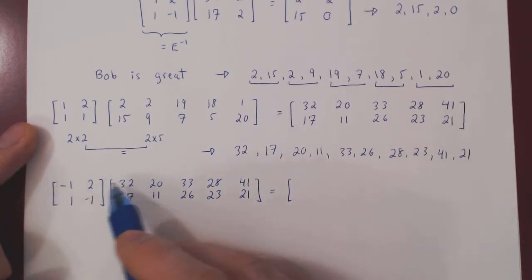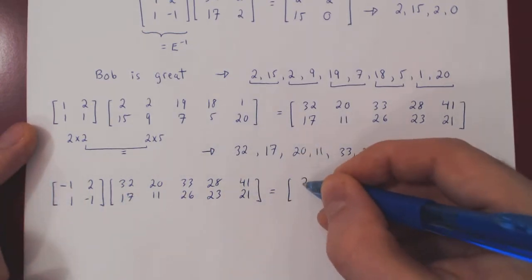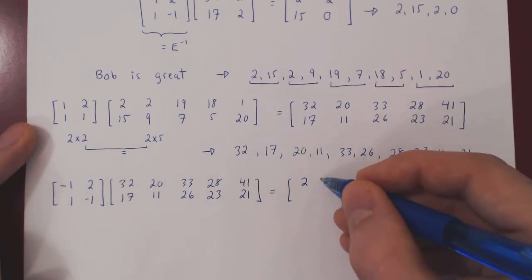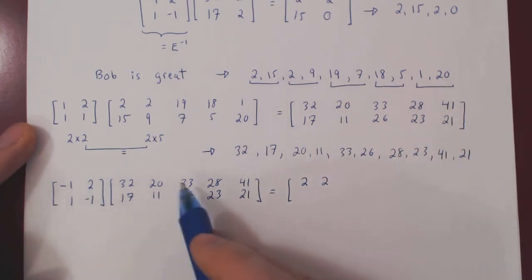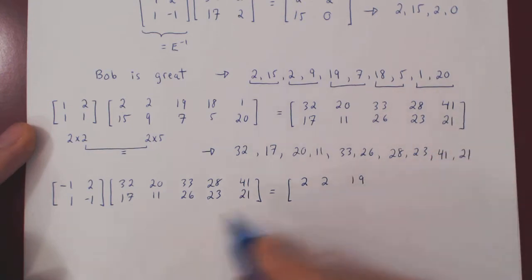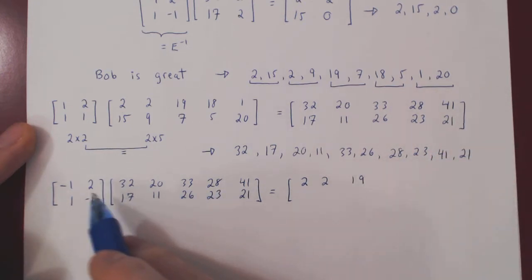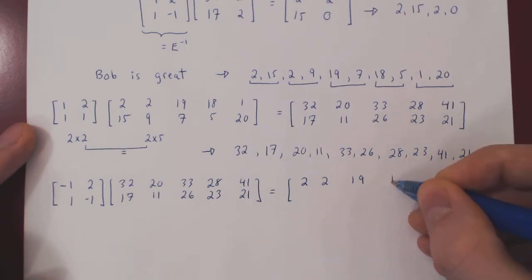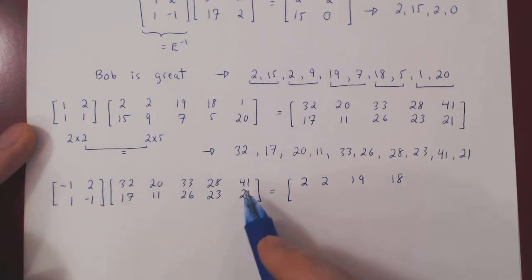First row, -32 plus 34 is 2. Second entry, -20 plus 22 is also 2. -33 plus 52 is 19. -28 plus 46 is 18. And -41 plus 42 is 1.